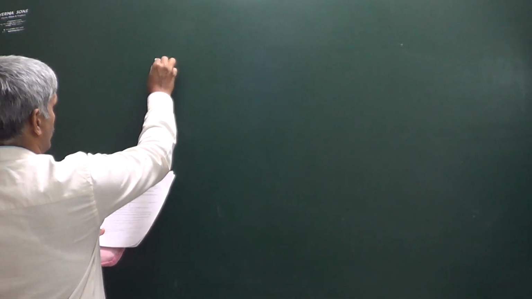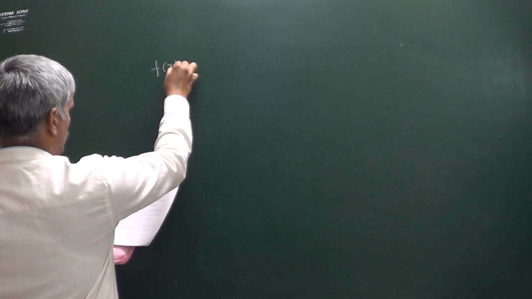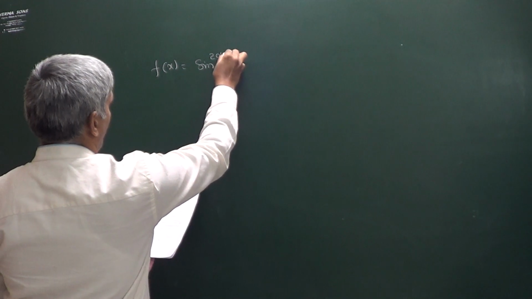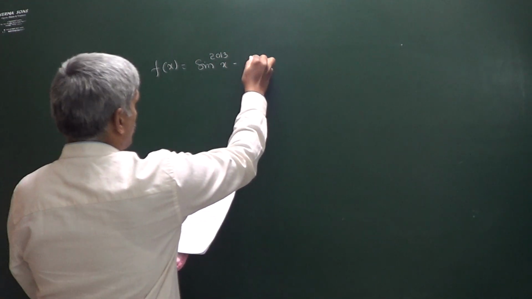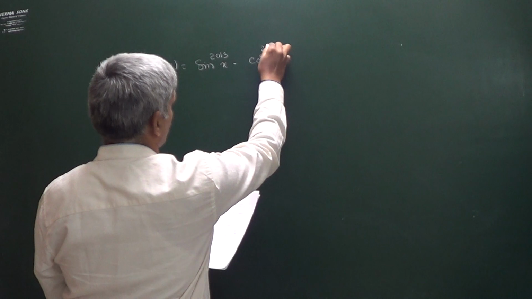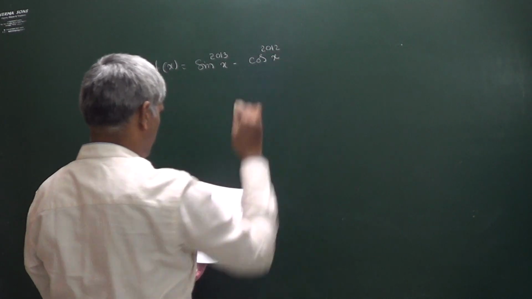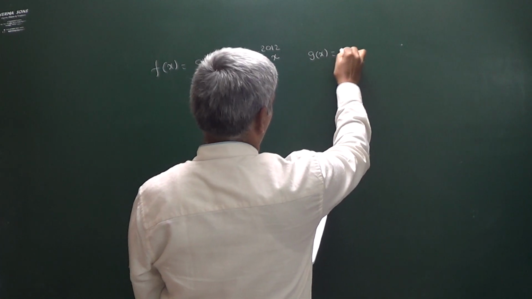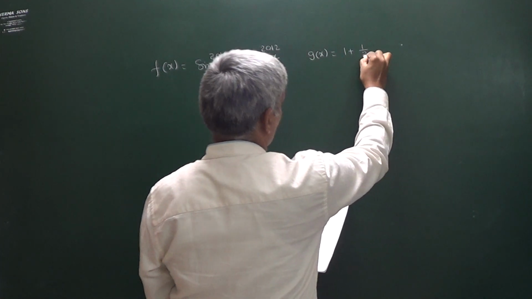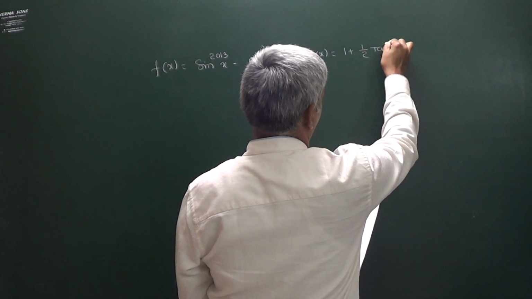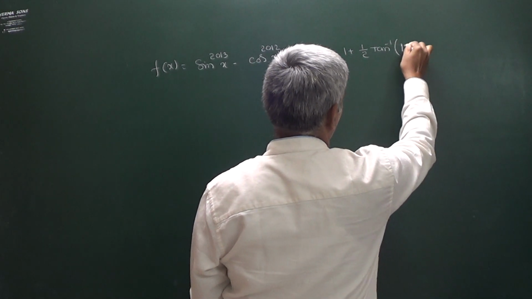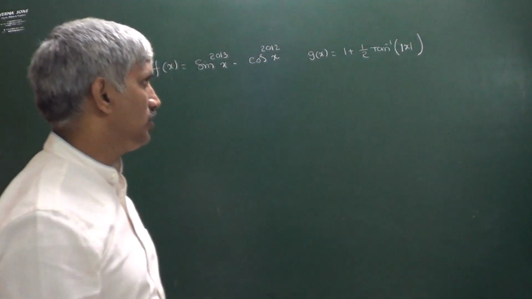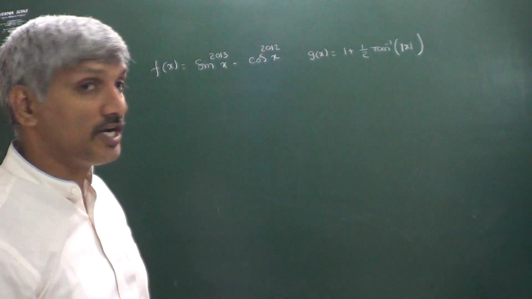Now the question is given in such a way: f of x is equal to sin x whole to the power of 2013 minus cos x whole to the power of 2012, and also given g of x is equal to 1 plus 1 by 2 into tan inverse of mod x. So what is this information saying? g of x is equal to 1 plus 1 by 2 into tan inverse of mod x.